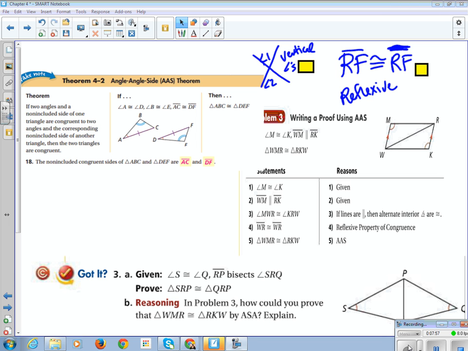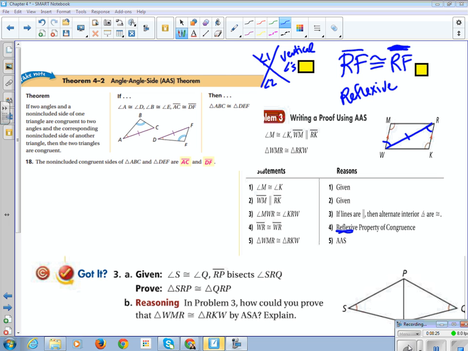And then we know that angles MWR, which is that one, is congruent to KRW, that one, because if lines are parallel, then alternate interior angles are congruent. Side WR is congruent to side WR, there's that reflexive property.